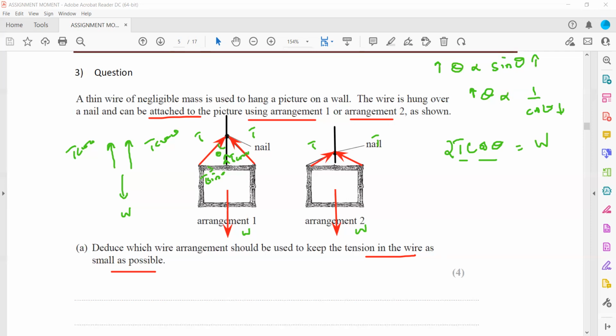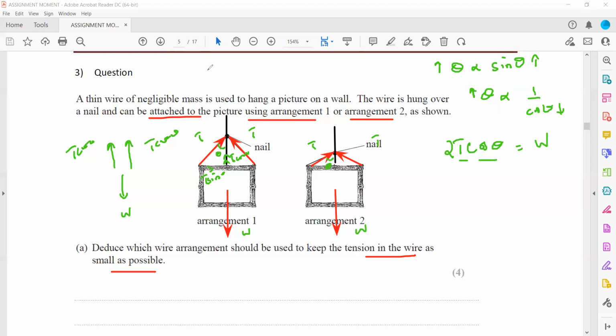So the question is, when we compare the angles, in arrangement 1 the angle is smaller, but in arrangement 2 the angle theta is larger.